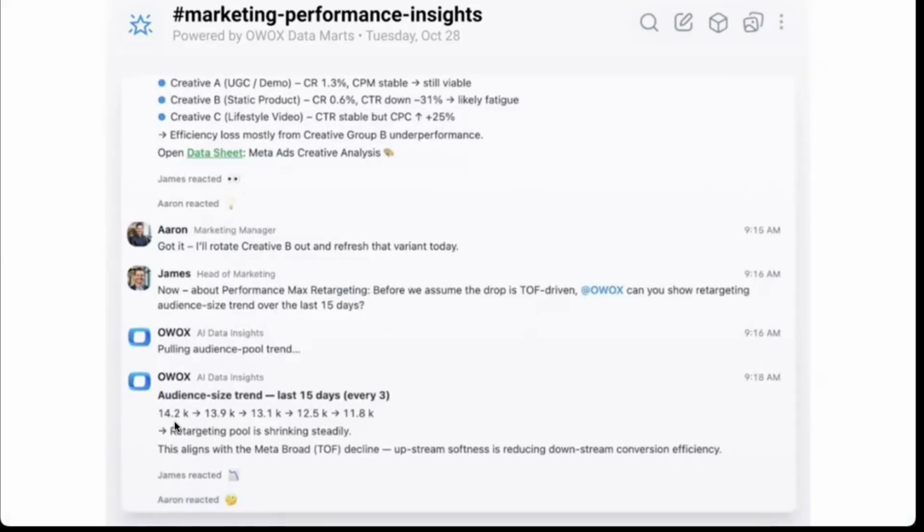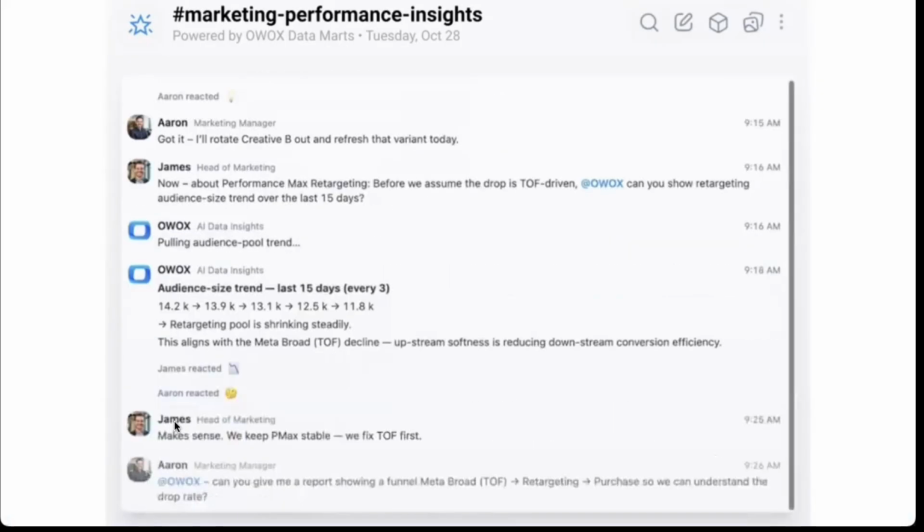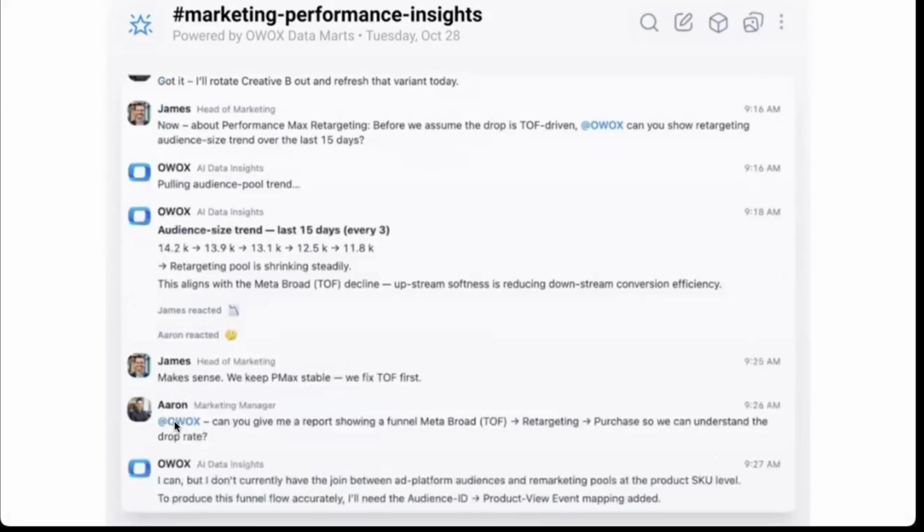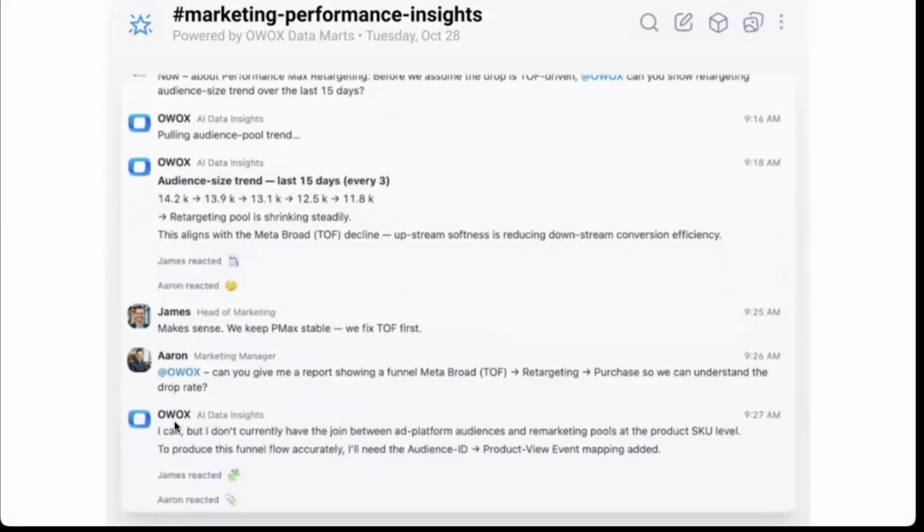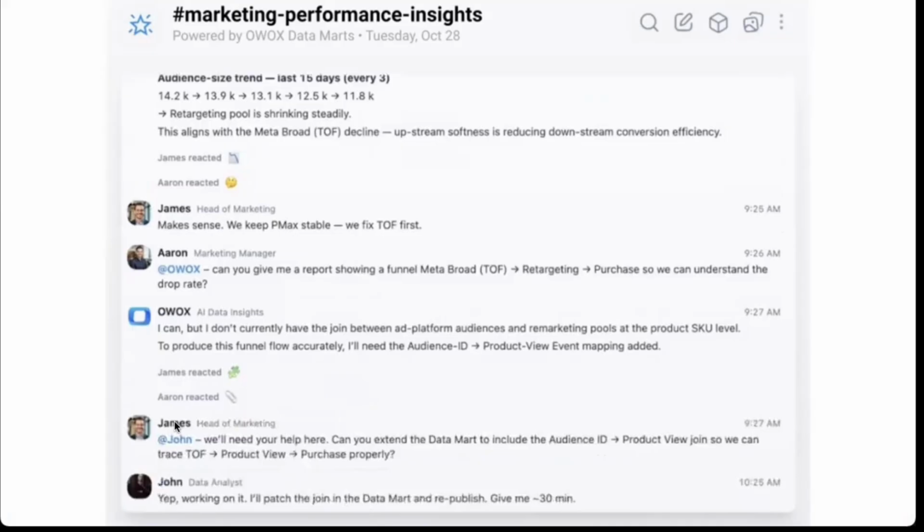Does it reduce or not? What happens with the top of the funnel? And asking question by question, the team understands that the real problem that influenced all the campaigns in the list at the beginning of this conversation is that the top of the funnel campaigns do not work as expected.